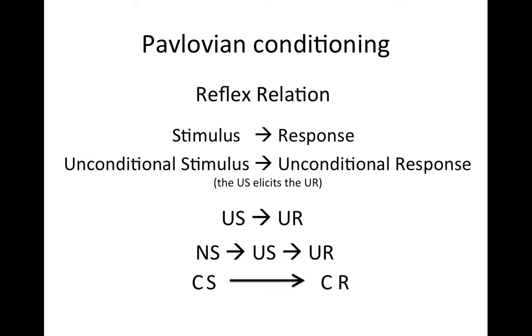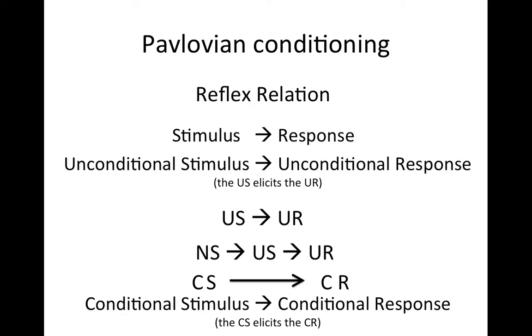The CS elicits a new response, or the conditioned response, even in the absence of the unconditional stimulus. So that's Pavlovian conditioning. Okay, the conditional stimulus comes to elicit a conditional response. The CS elicits the CR.